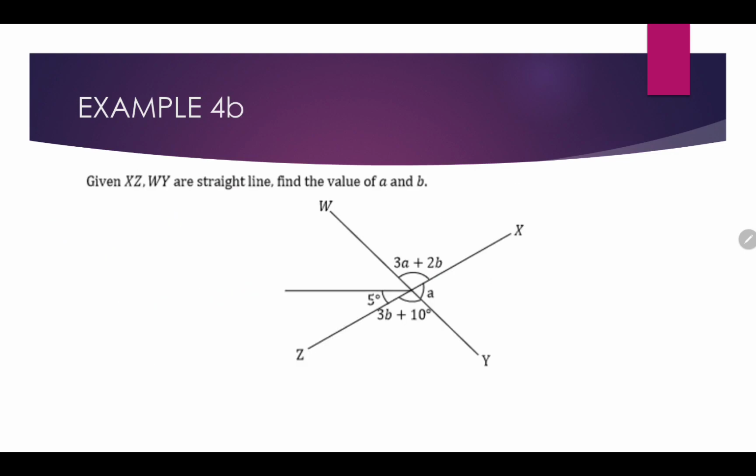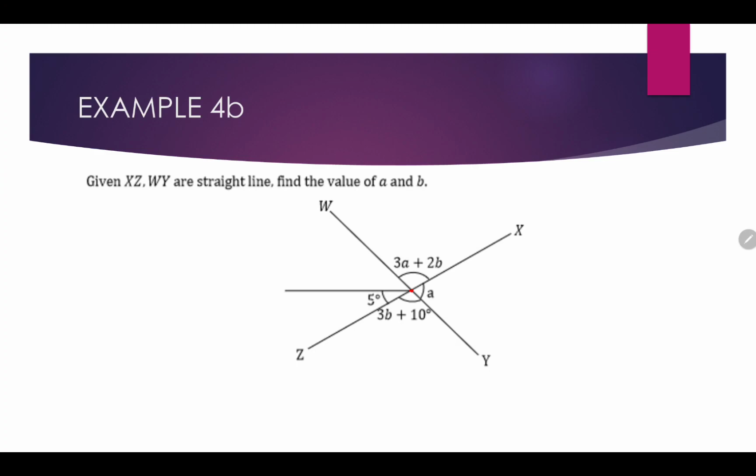Okay, next example 4b. Given XZ and YW are straight lines that intersect here. So dekat sini mesti ada yang tadi kan, vertical angles dekat sini. Okay, find the value of a and b.